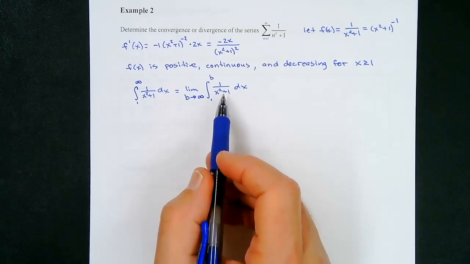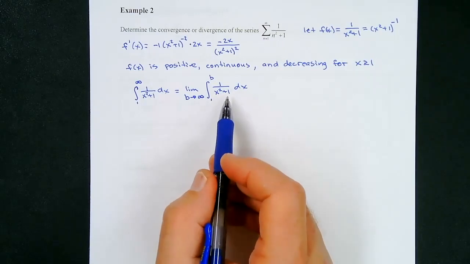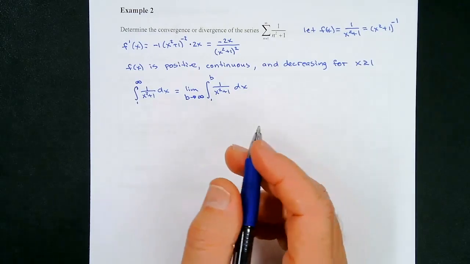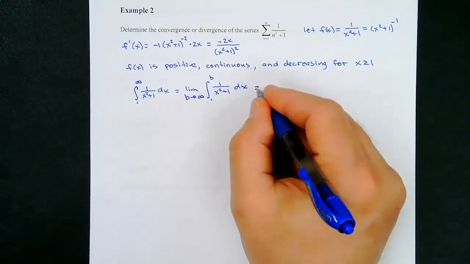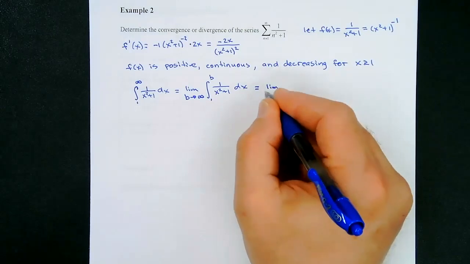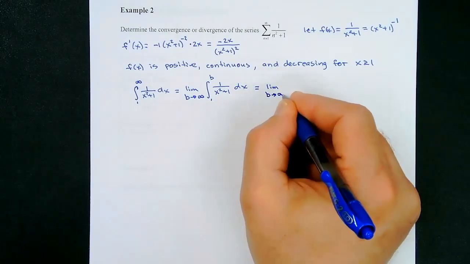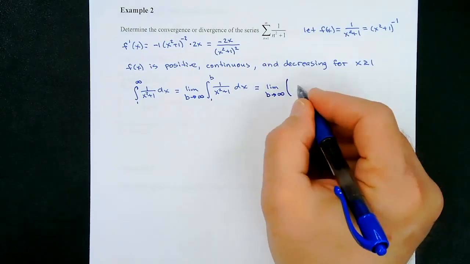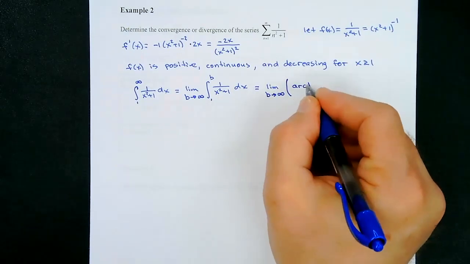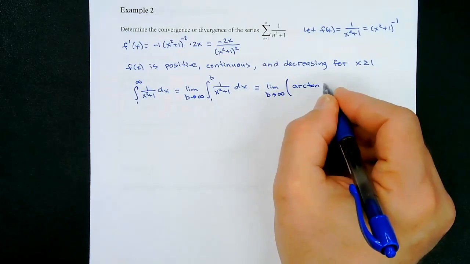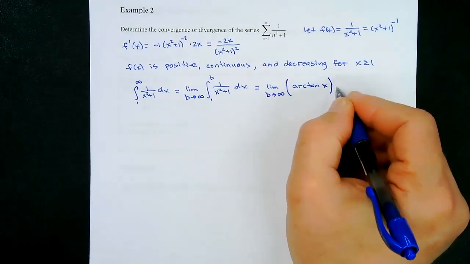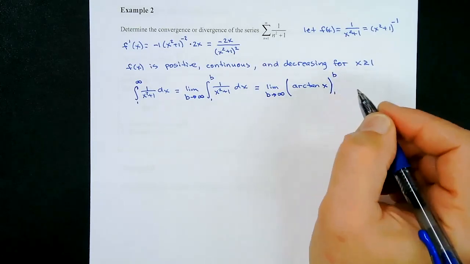And 1 over x squared plus 1 is the derivative of arctan, or tan inverse. So that means this becomes the limit as b approaches infinity of arctan of x. And then we want to evaluate that from 1 to b.